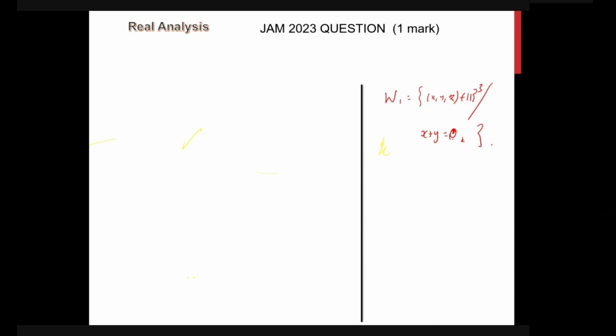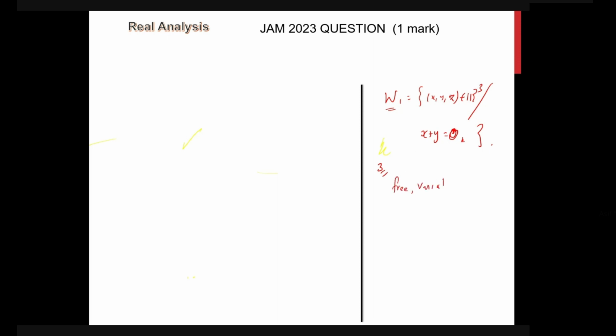Now the dimension of R3 is 3. What about the dimension of W1? Anybody tell me? W1 is the subspace of (x, y, z) where x plus y equals 0. So how many free variables are there?